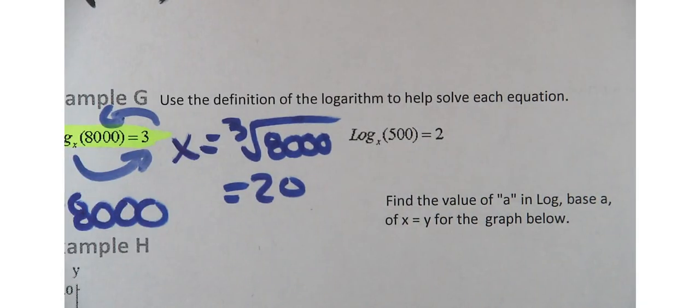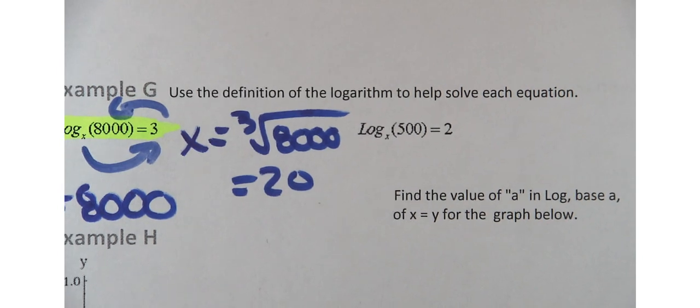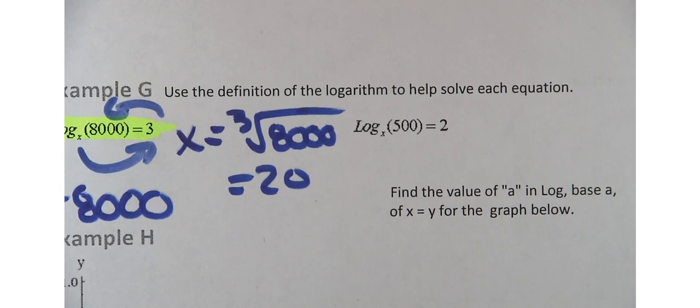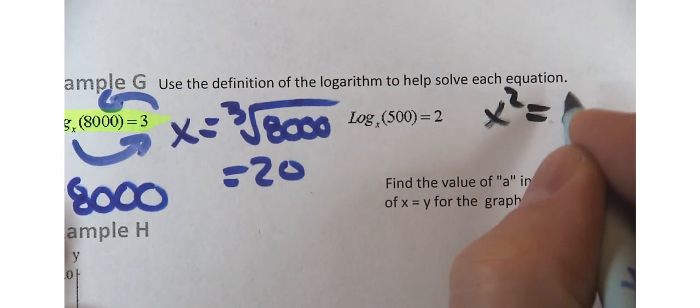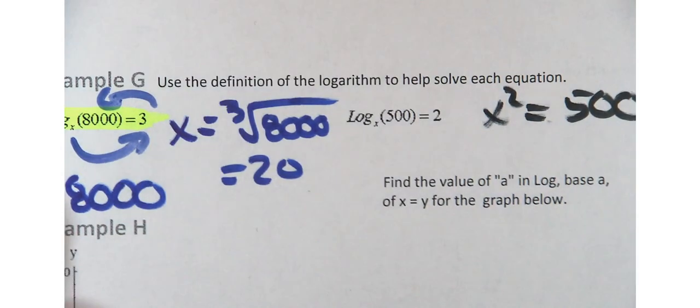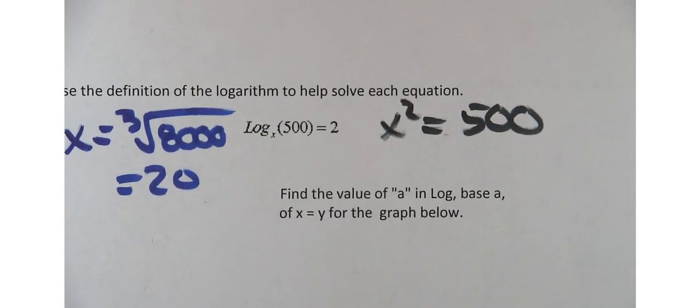Okay, so let's take a look at this one. Riley, how would I rewrite that one? What would it look like? X squared equals 500. All right, nice. X squared equals 500. What would x equal?